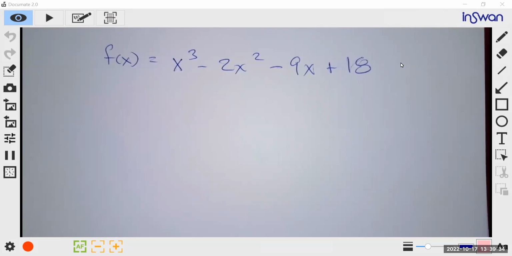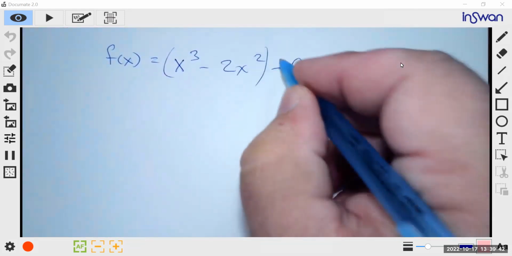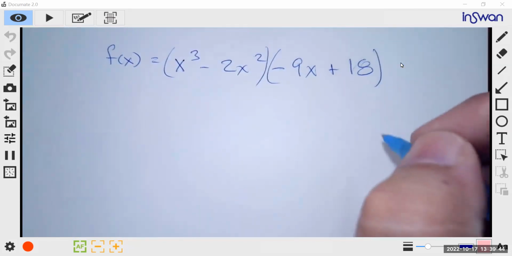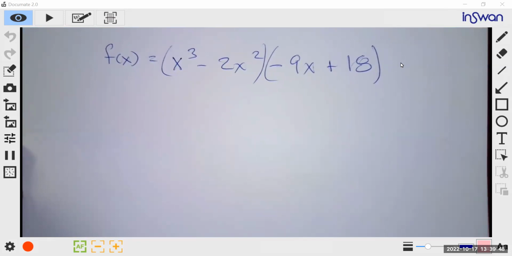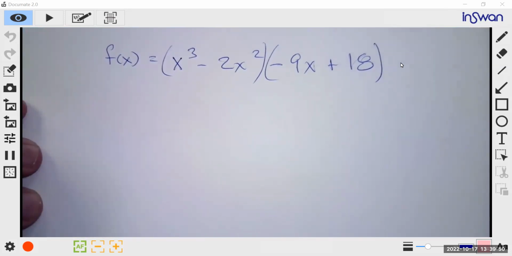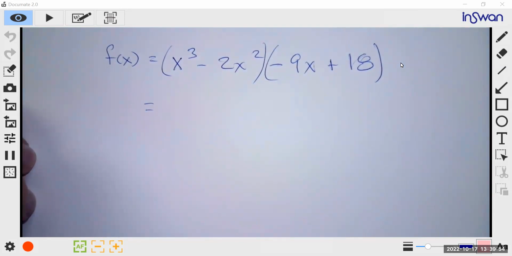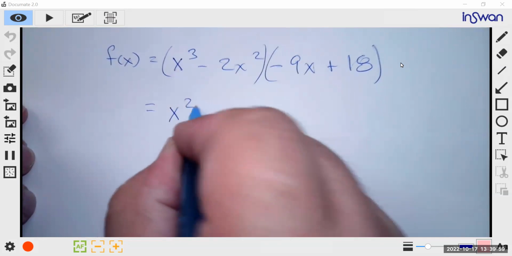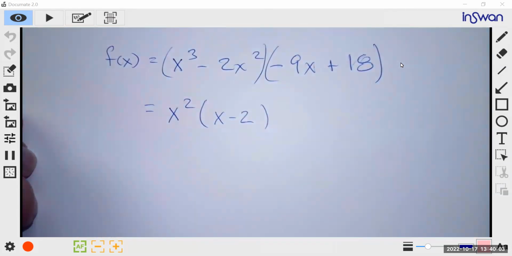Last week, we did something called grouping. Put the first two terms in one parenthesis and the second two terms in another. That's the only thing we know so far how to do with polynomials larger than x squared. The first parenthesis, what do they have in common? x squared. So I take out an x squared, that leaves me with x minus 2.